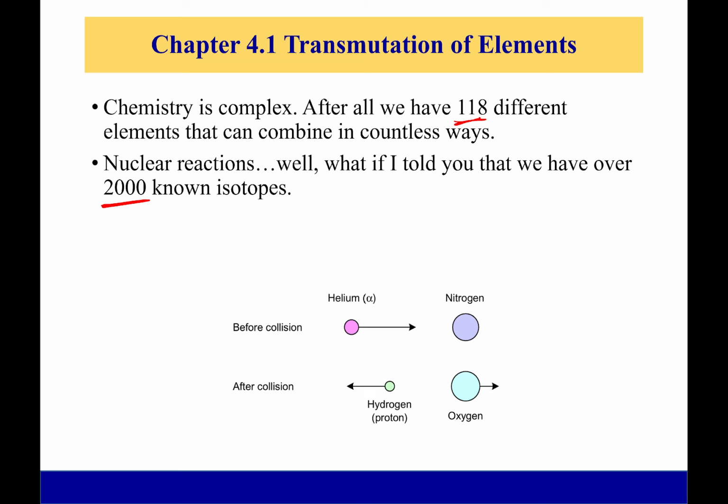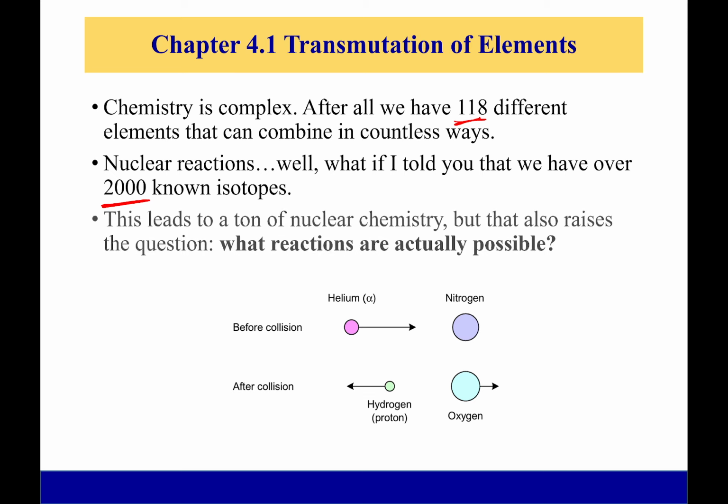Which sounds terrifying, but we don't use every single isotope. But when you're in the Large Hadron Collider or something, you have to deal with a whole lot more than just isotopes. You're going down to quarks and all these other kinds of particles as well. But let's figure out how we can determine which of these reactions between these isotopes are actually possible.